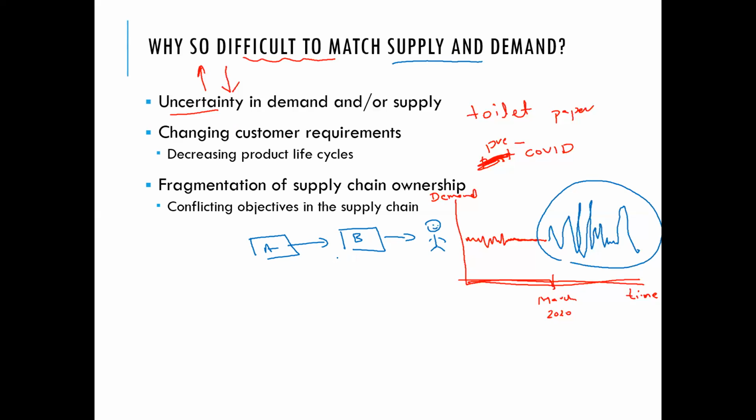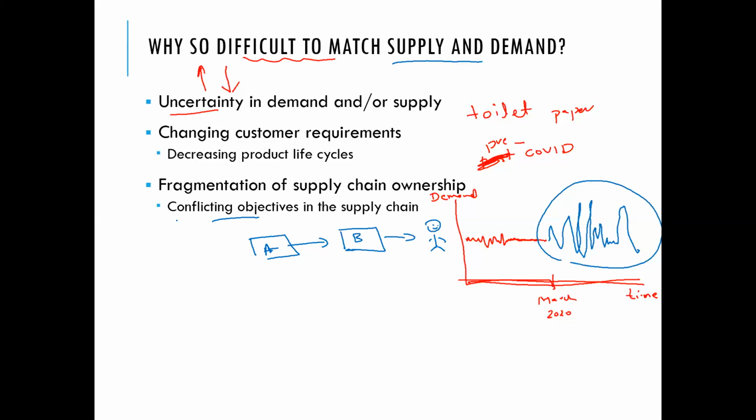Ideally, firm B would not want to have very high inventories, and if they don't want to have very high inventories, then someone has to carry those inventories, and firm A also does not want to carry a lot of inventory. So generally, if there are conflicting objectives within a supply chain, it creates some problems.